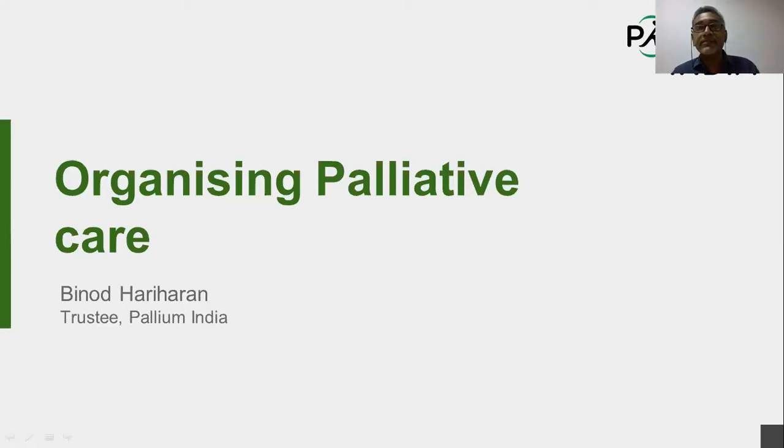And this is probably one area where we have the maximum coverage for palliative care. We probably have around 90% of palliative care centers in the whole country. If you look at the whole of India and you take Kerala, Kerala has almost 90% of the total number of palliative care centers.